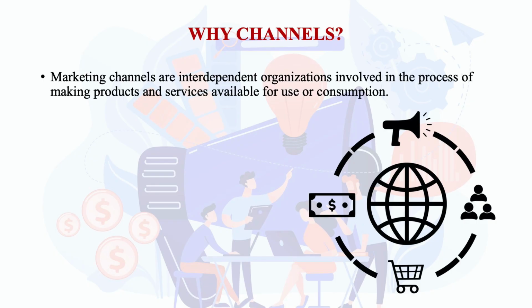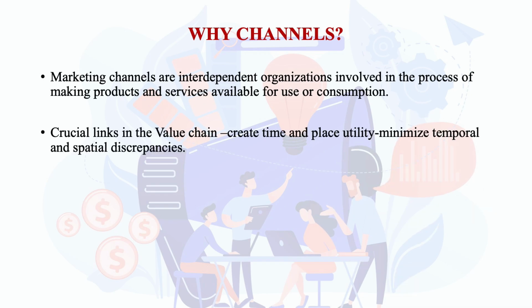Marketing channels could be run by the company itself, but that would be a very, very costly option. Therefore, the general practice is to have intermediaries like wholesalers, retailers, brokers, and agents. Marketing channels are defined as independent organizations involved in the process of making products and services available for use by consumers, and they are critical links in the value chain.